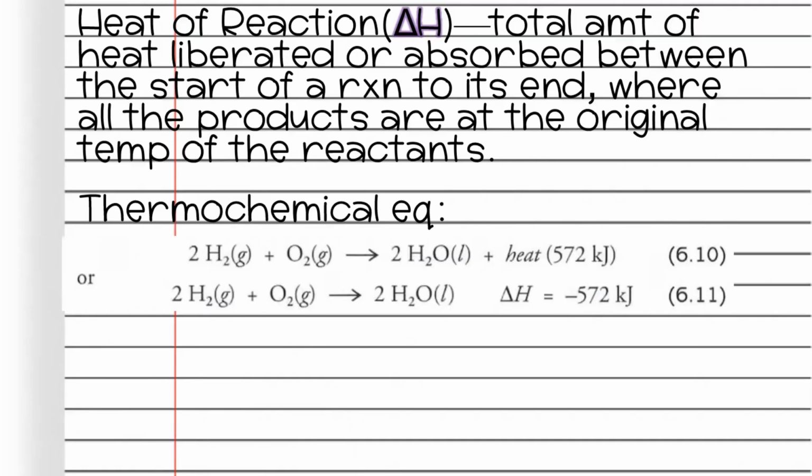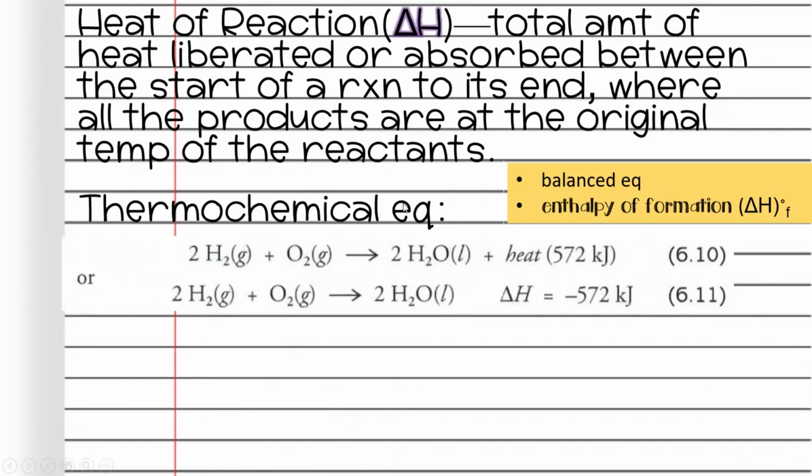Here are two examples of thermochemical equations. One has hydrogen plus oxygen yields water plus heat, and it tells how much heat. Or it could have hydrogen plus oxygen yields water, and say delta H equals whatever amount of heat.